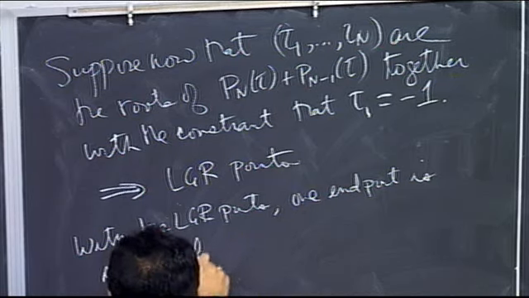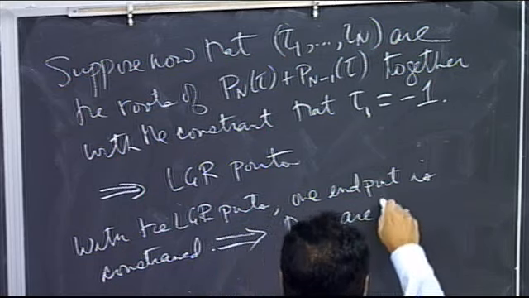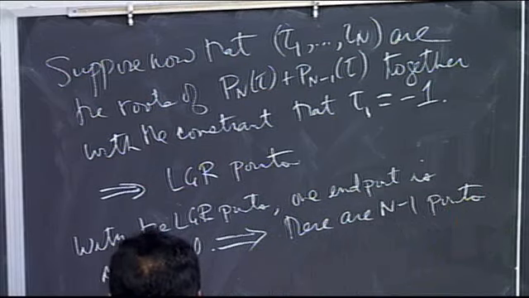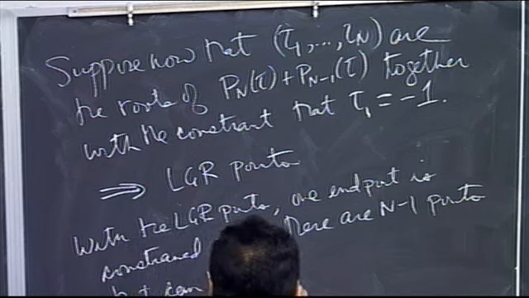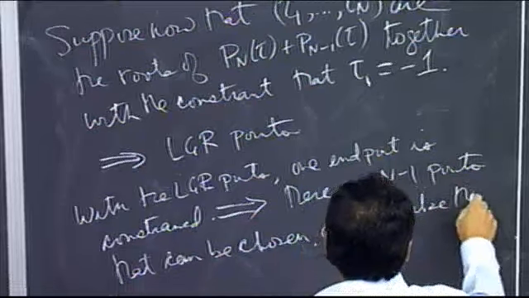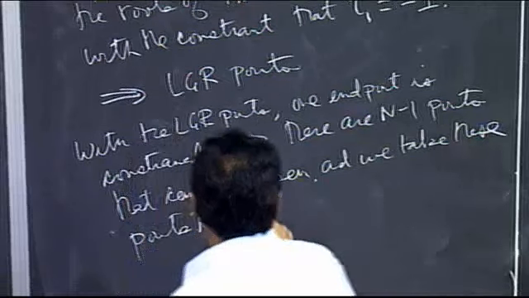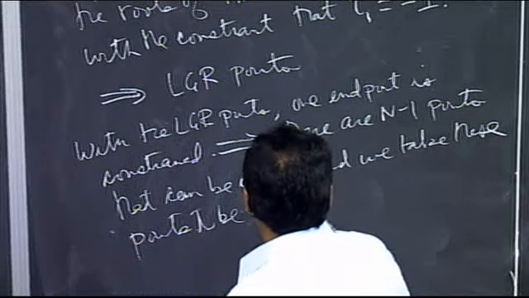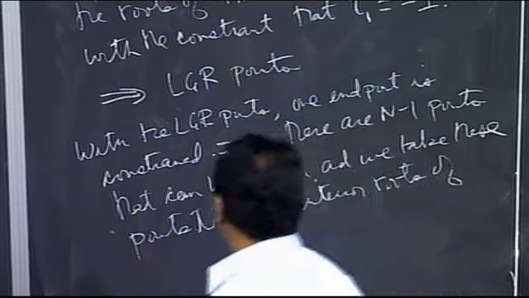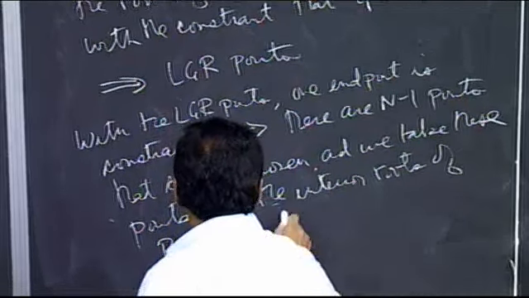Which means that there are n minus 1 points that can be chosen, and we take these points to be the roots, or the interior roots, of Pn of tau plus Pn minus 1 of tau.